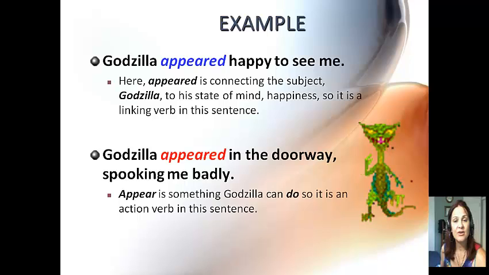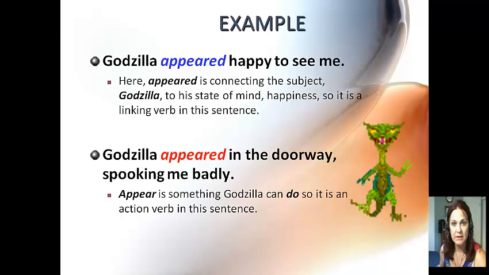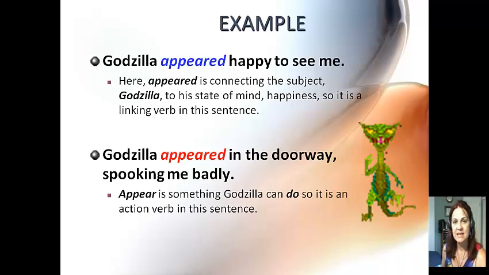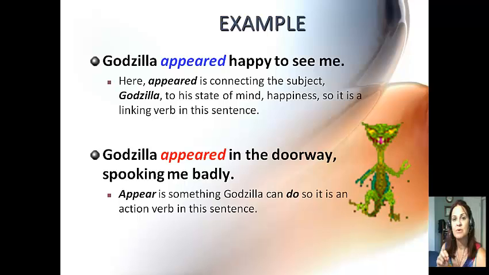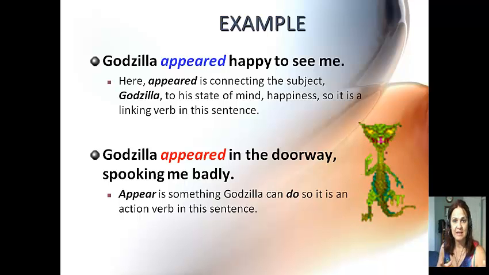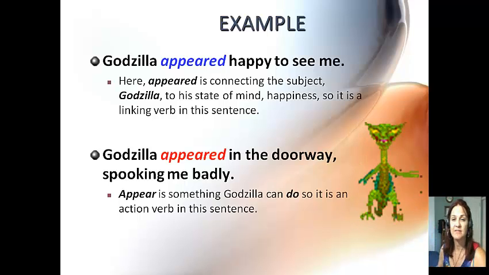So appeared in our second sentence is something that Godzilla can do, so therefore it's an action verb. So whenever you have those verbs, to see, to feel, or to taste, remember they can either function as a linking verb or an action verb, and you have to analyze that sentence to determine how those words are being used.